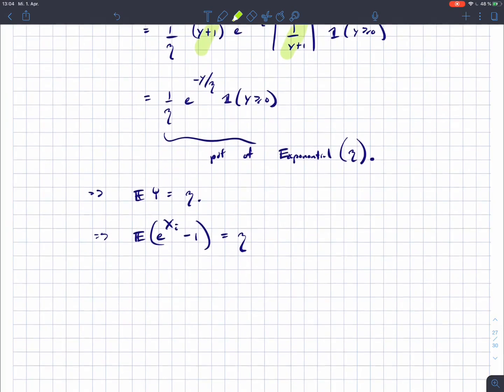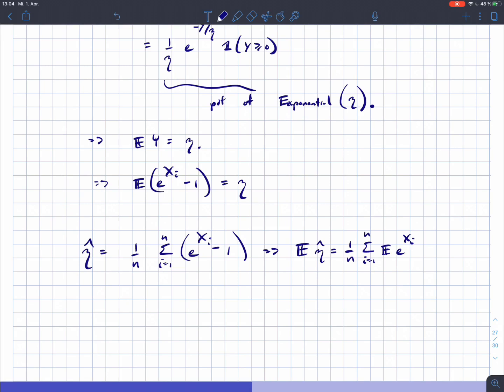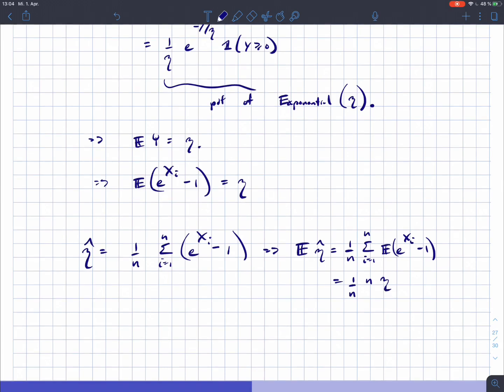Okay. So let's go back to our estimator. We had eta hat was 1 over n times the sum of e to the xi minus 1. So the expected value of eta hat is 1 over n sum i equals 1 to n of the expected value of these guys, which is 1 over n times n eta.